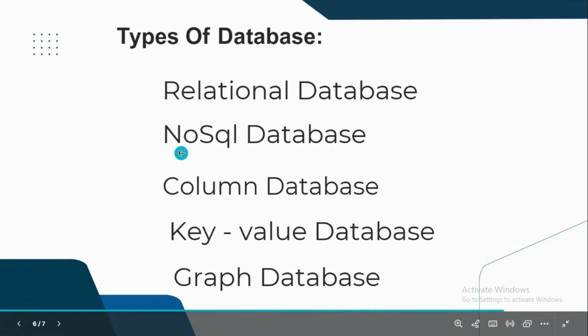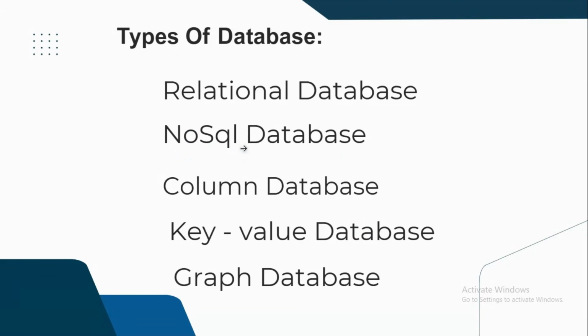A NoSQL database is designed to handle large amounts of unstructured data like videos or images. Then we have a column database. A column database stores data in columns rather than rows.